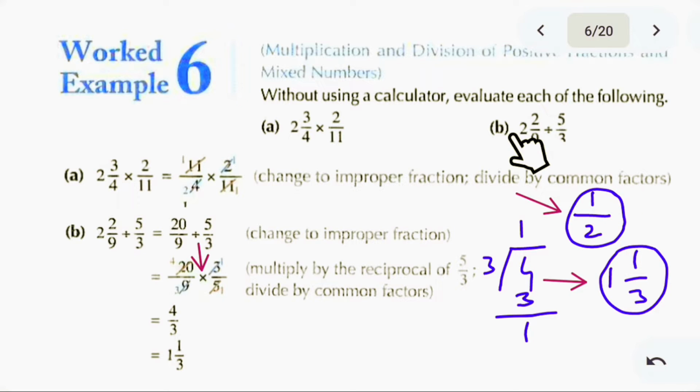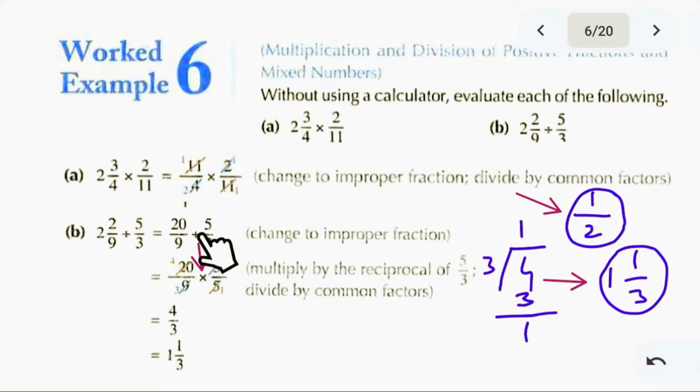On the other hand, in the B part, again we first convert this mixed number into a simple fraction, that was 20 over 9, and then the sign is divided by, so this division sign, and then 5 over 3. So after converting it into a simple fraction, the next step would be the conversion of this division sign into a multiplication sign.